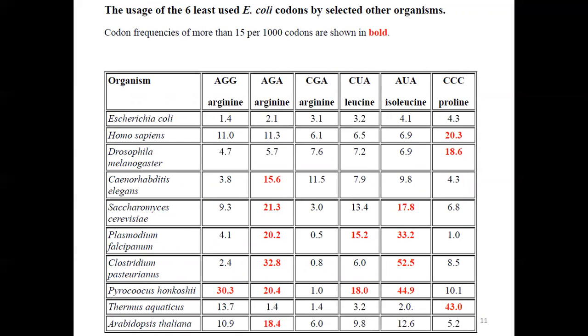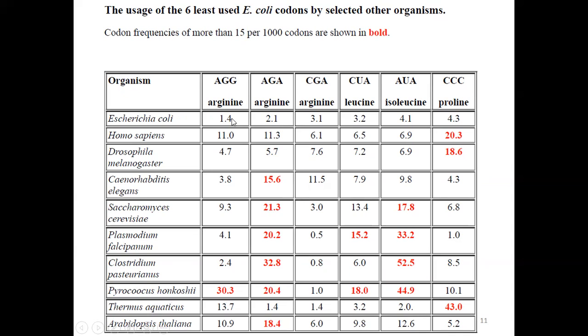Here, codon frequencies of more than 15 per 1000 codons are shown in bold red. For example, in E. coli, for arginine AGG, the frequency is 1.4, while Homo sapiens uses this codon 11 times, and in different organisms, for example Pyrococcus, the frequency is 30.